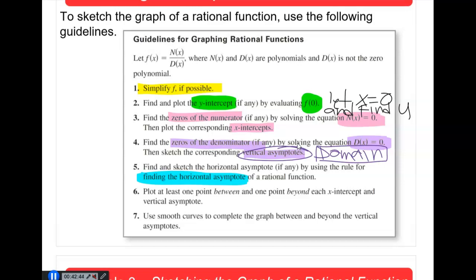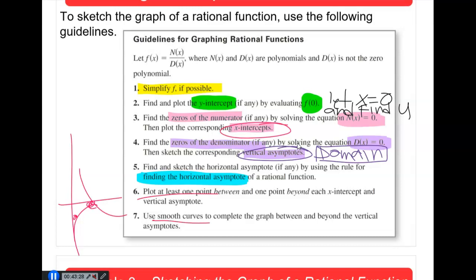So once you find the x-intercepts, you want to know what's happening between those, a point on the x-axis and then another point. Like you want to see if the behavior will be going this way perhaps, or if the behavior might go that way. So you want to see what's happening. And then you plot points, and you use smooth curves to complete the graph.